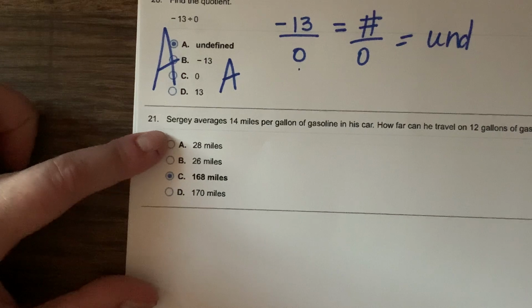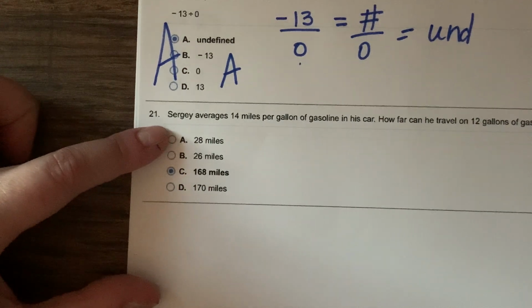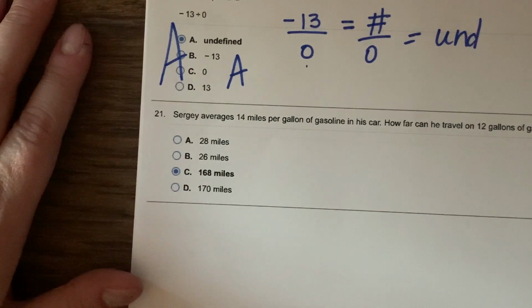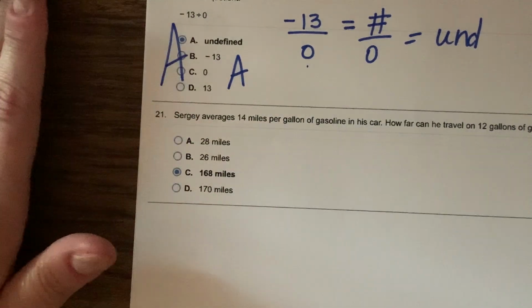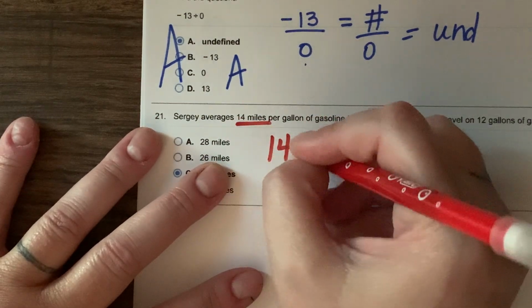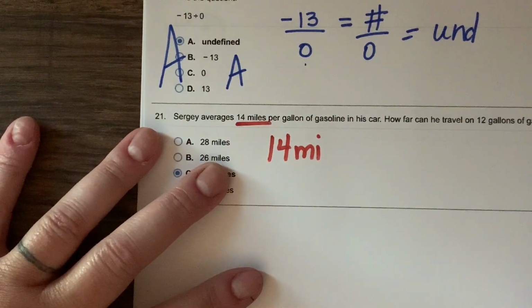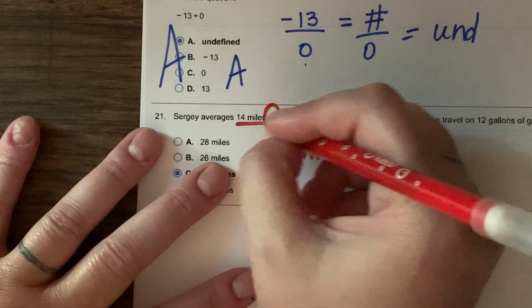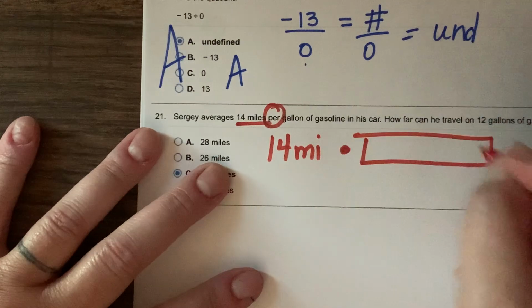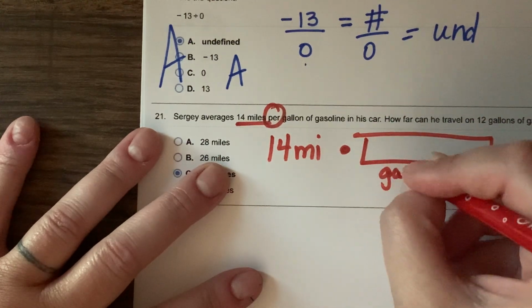21 says Sergey averages 14 miles per gallon of gasoline in his car. 14 miles per gallon. Per means multiply. And then we're supposed to multiply it with the gallons.